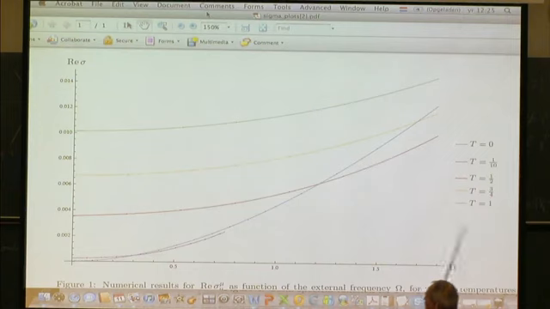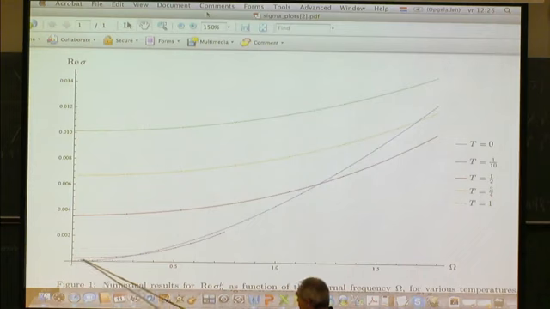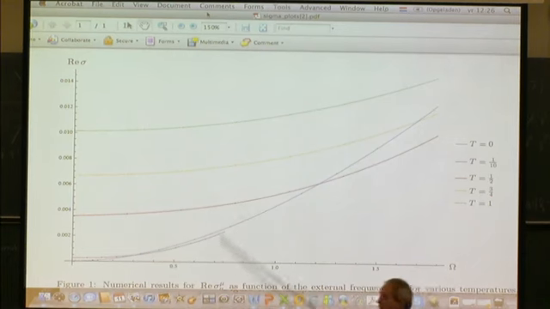So instead of getting a linear behavior in omega, what we get is the following. Here are various results for various temperatures. Here's the result for t equals 0, the blue line. It starts from 0 again, but then due to the interactions, we don't get a straight line. We get a power law.